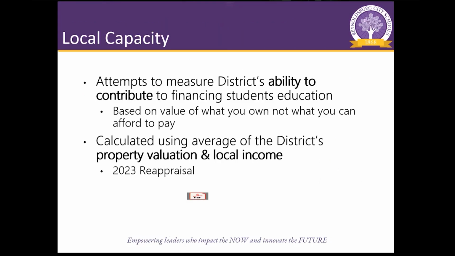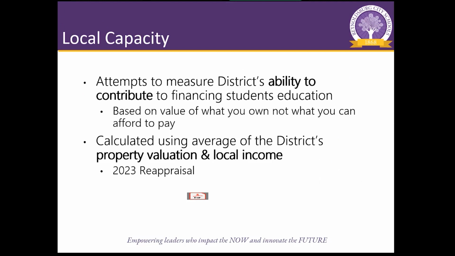The local capacity in the formula represents the amount that the district can afford to pay towards the education of the students in the district. It does so by using the district's property valuation and local income tax, which is updated annually. So I say afford with little quotes because it's based on the value of what you own, your property, not necessarily what you can afford to pay.